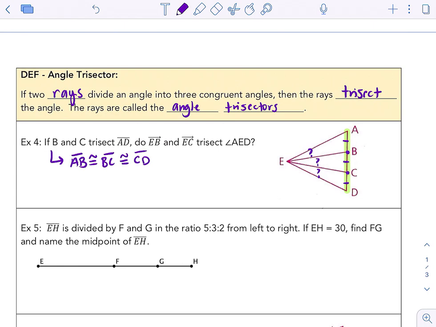I want you to give me a reason or an example or some kind of supporting evidence for why you think yes. If you think no, again, I want you to think of some reasons why. And the best way if you think no is to think of a counterexample. Try to draw a diagram or something that doesn't work to show, no, this is why this doesn't work, a case where it is not true.